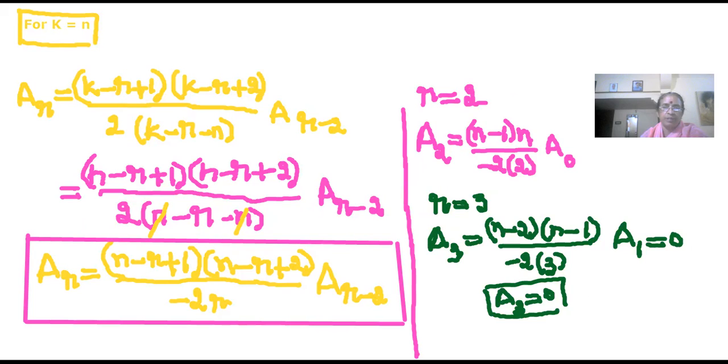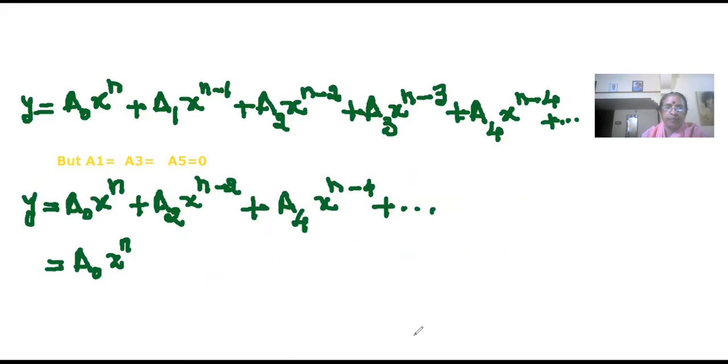So A2 can be written as minus n into n minus 1 divided by 2 into 2 times A naught.